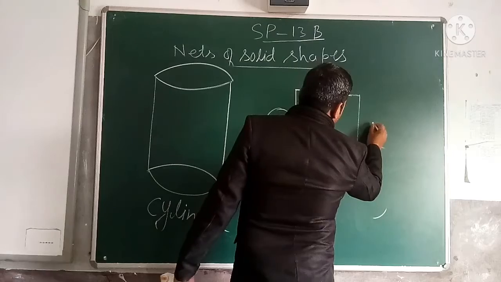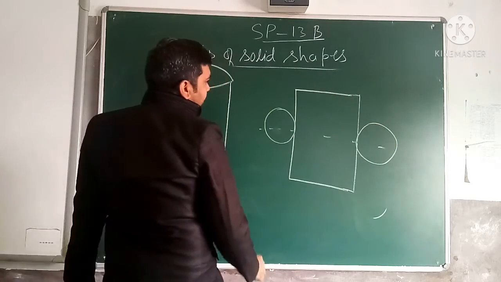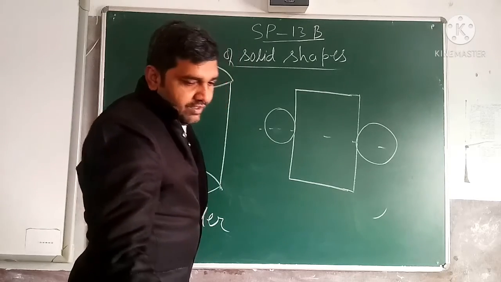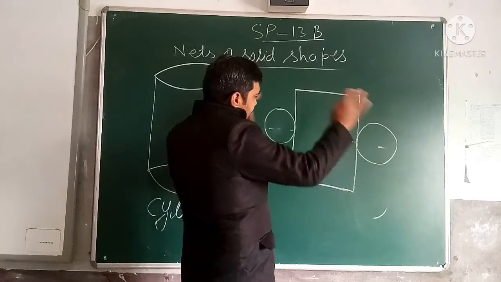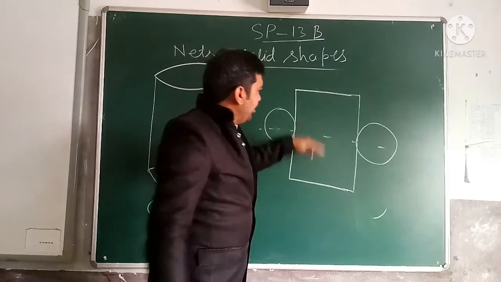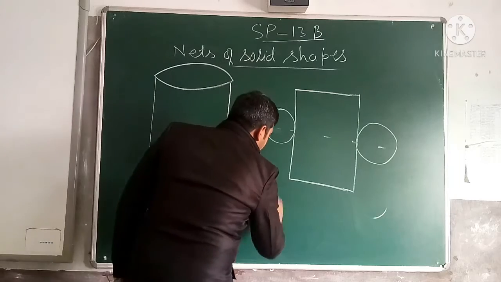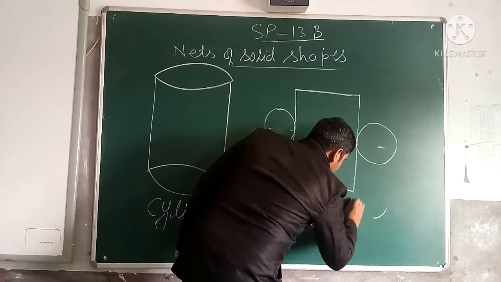One circle is here, one circle is here. We fold it and after that cover it. This is called the net of cylinder.